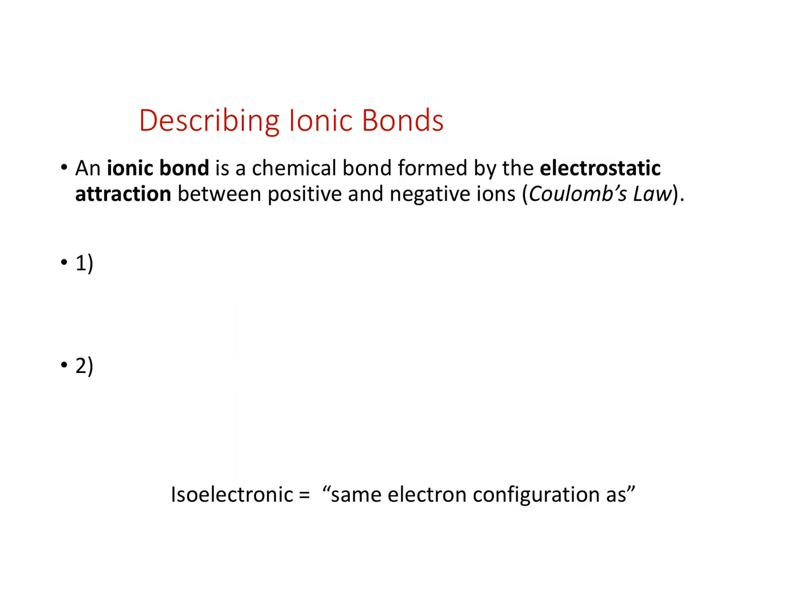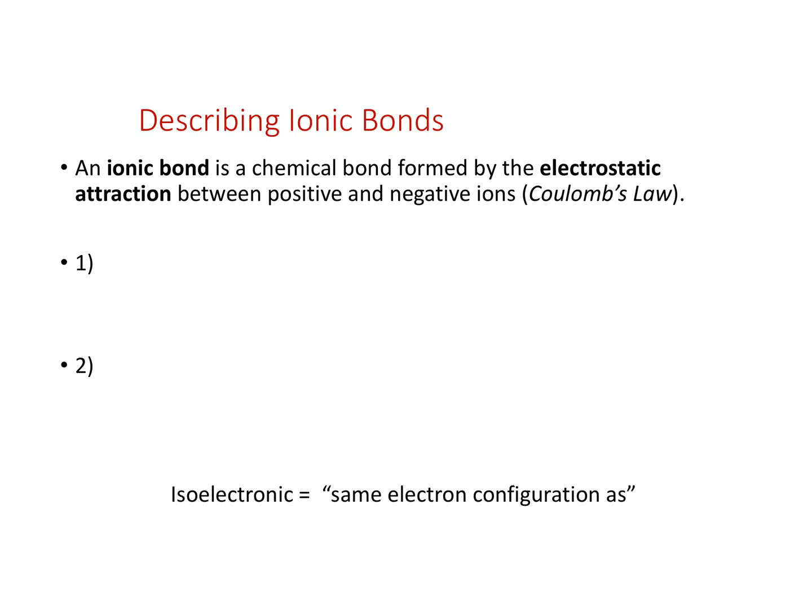So for today's lecture, we're going to look at ionic bond formation. An ionic bond is a chemical bond formed by the electrostatic attraction between two oppositely charged ions, a positively charged cation and a negatively charged anion. We form an ionic bond between the reaction of a metal and a nonmetal. So how do we determine how that ionic bond forms?